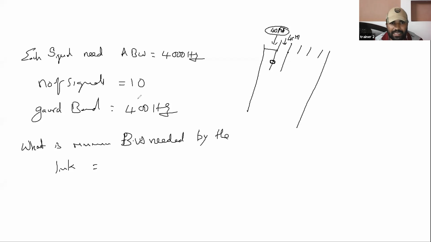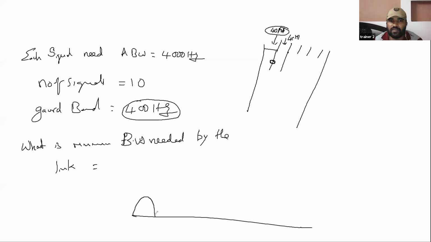So what we did is we added 400 hertz. That means if 4000 hertz is allocated for one signal, then a gap of 400 will be allocated, then 4000, then a gap of 400, then 4000. Like this you allocate till you finish all.